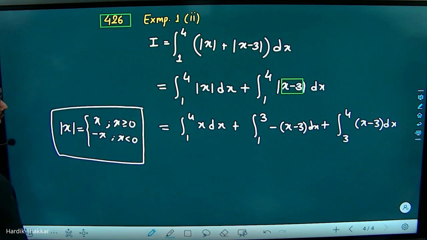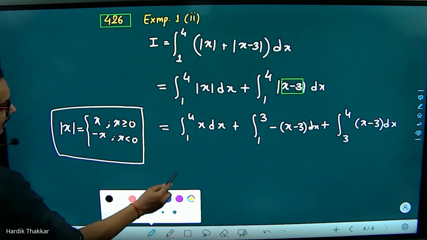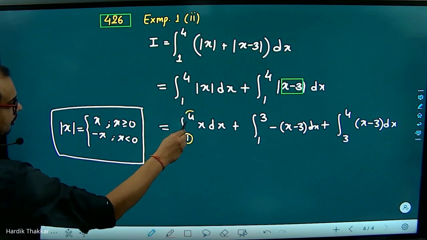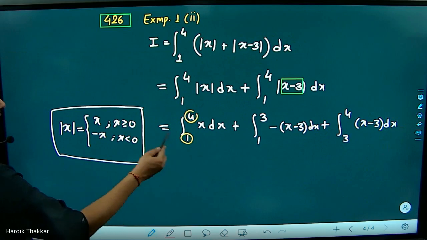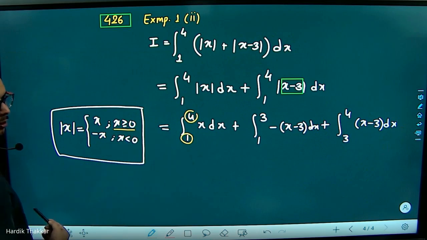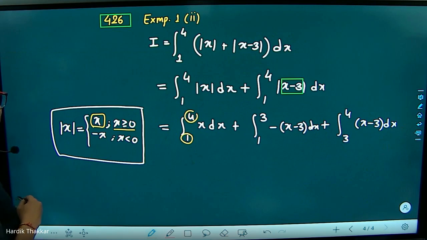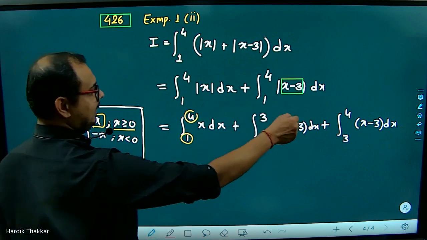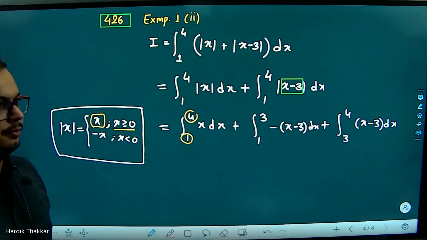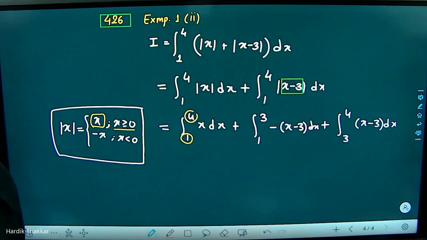So here the limits are from 1 to 4, correct? So it is obviously greater than 0. So we can replace this with plus x directly. Yes, sir. Okay. This part is clear. Second part. Yes, sir, understood.